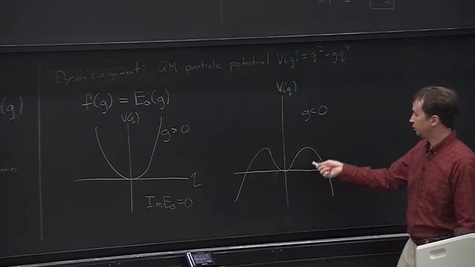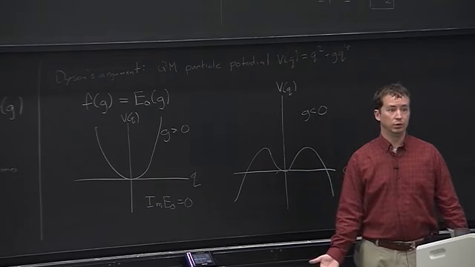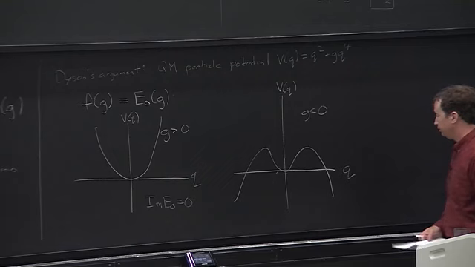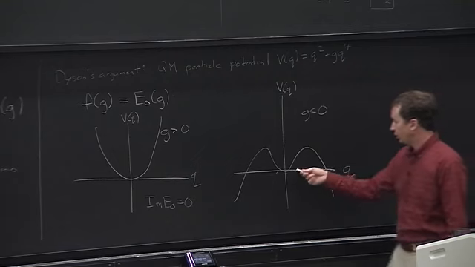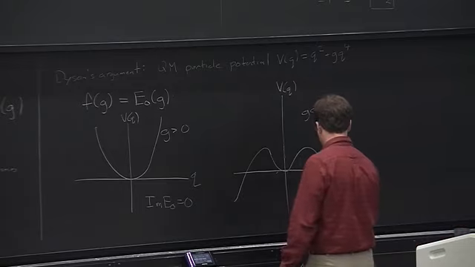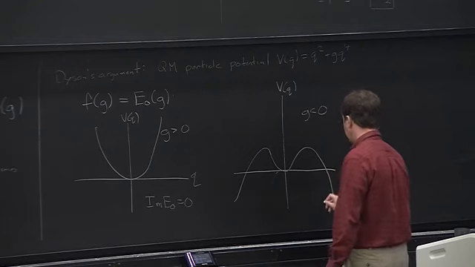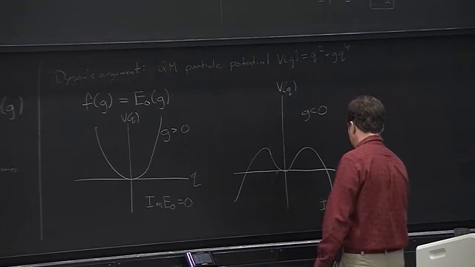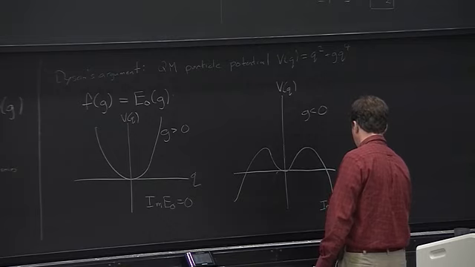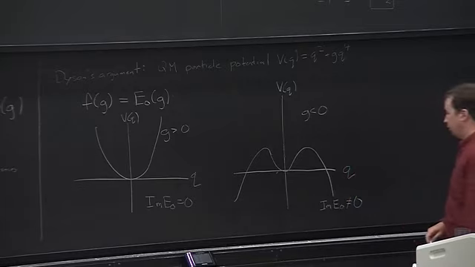And this potential is unbounded from below. So it doesn't have a real ground state energy. It does have a resonant energy. So for an unstable potential, the ground state energy doesn't exist, but a closely related thing is the resonant energy, which will have an imaginary part.